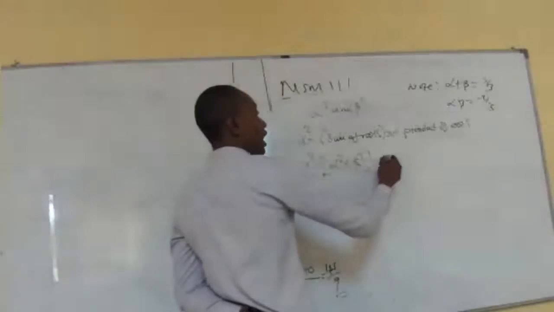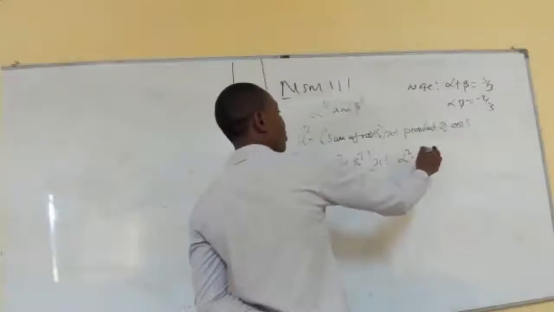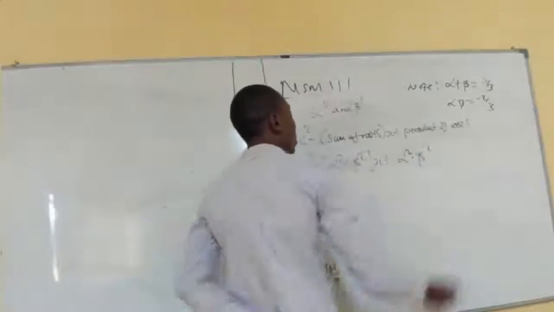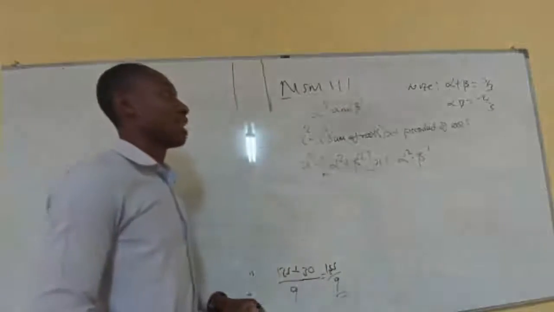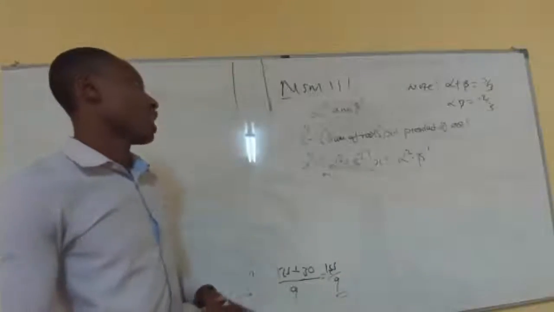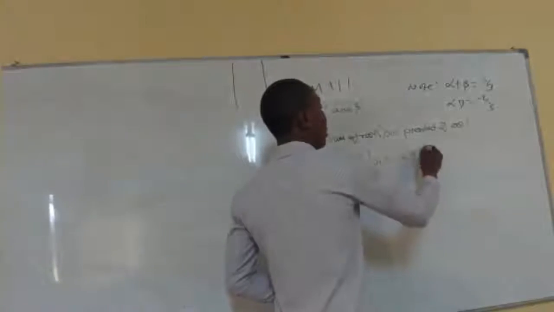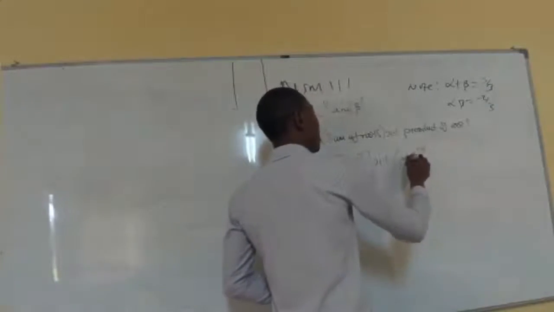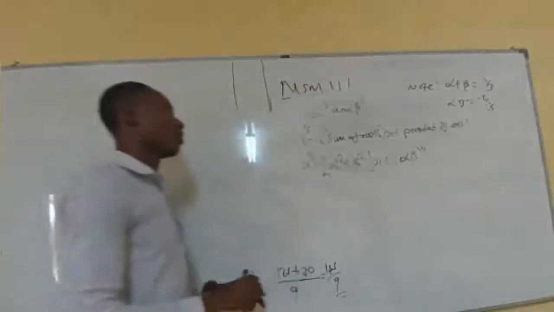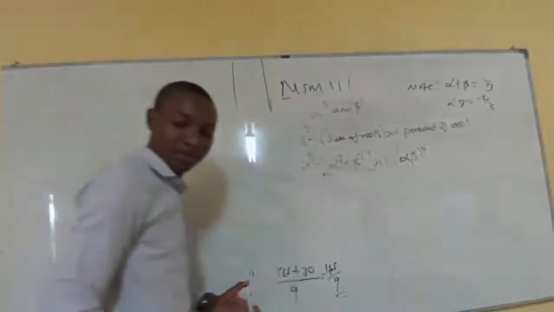Then x plus the product of the roots, alpha squared multiplied by beta squared. So I'm adding the two roots and I'm also multiplying the two roots. So the product of alpha squared and beta squared will be alpha beta to the power 4, alright, if you multiply those roots.